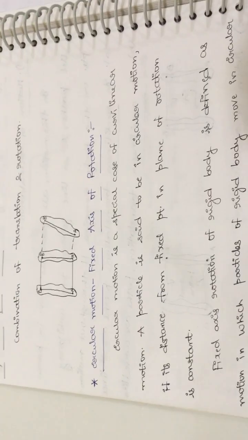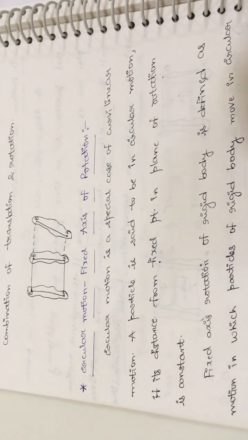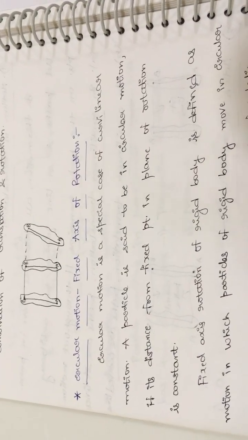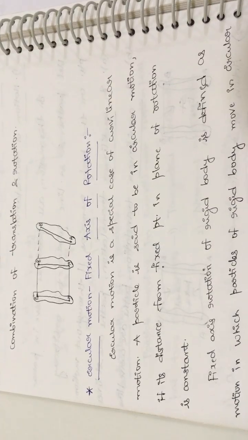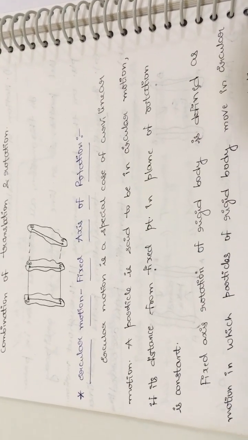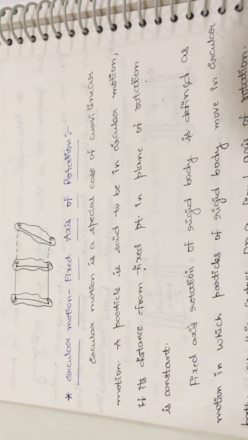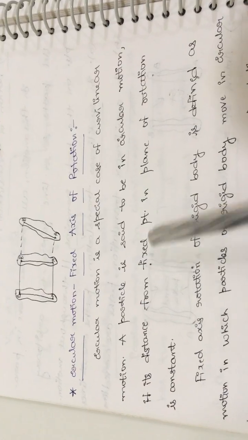Now we will see the circular motion. What is meant by circular motion? If any particle is moving in a circular path, then that type of motion is nothing but circular motion, and circular motion is a special case of curvilinear motion only. We can say that any particle is in circular motion if its distance from the fixed point is constant.